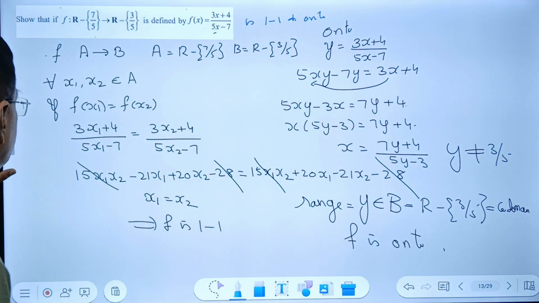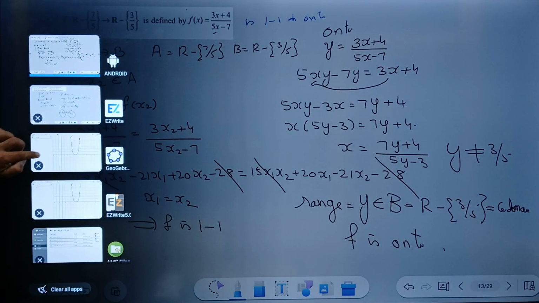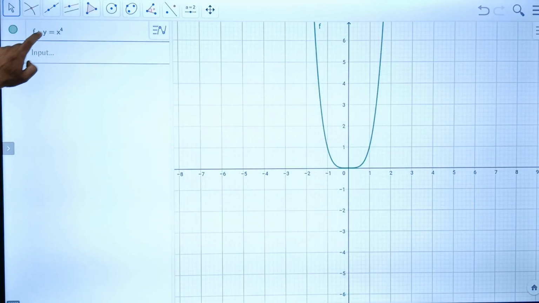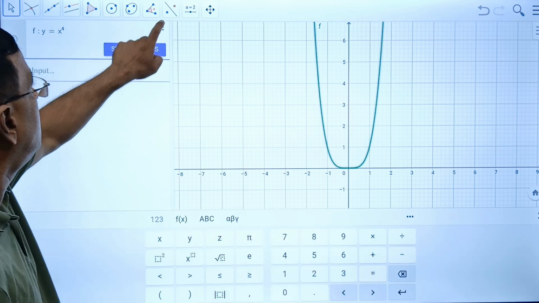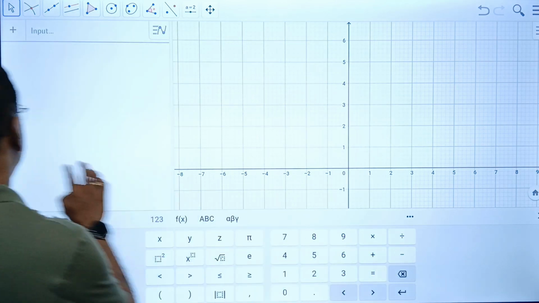Okay. Let me quickly show you this graph also before we stop here. I'll delete this. What was the function? I forgot the function.